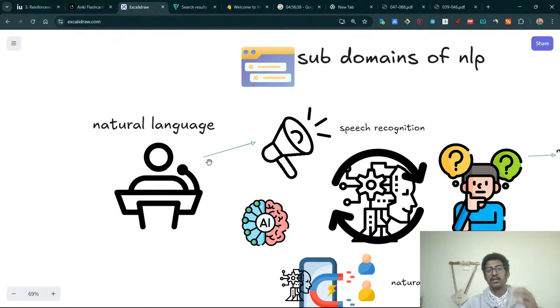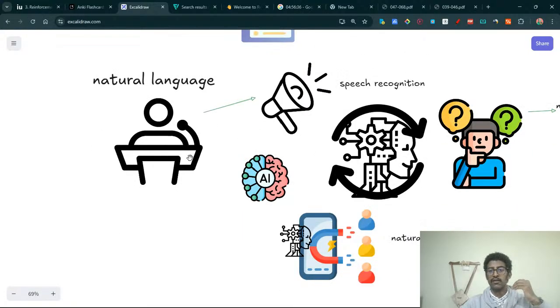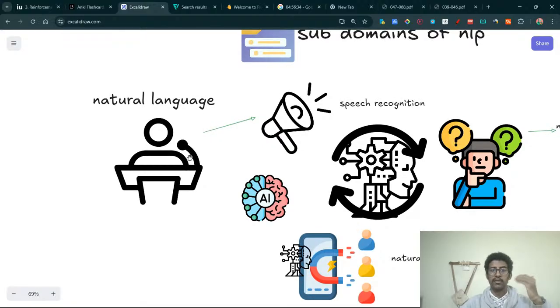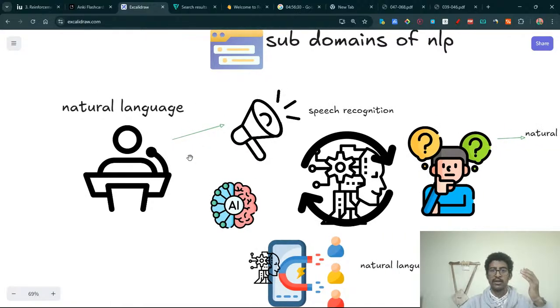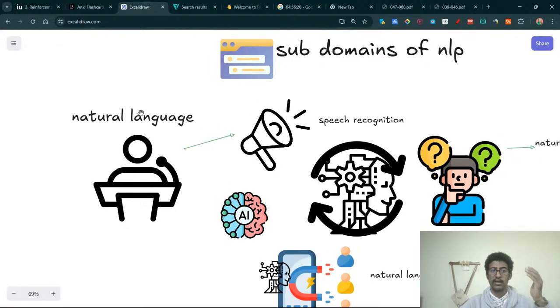This is a drawing. This is what I mean by processing. I'm trying to visualize this. So you have natural language.